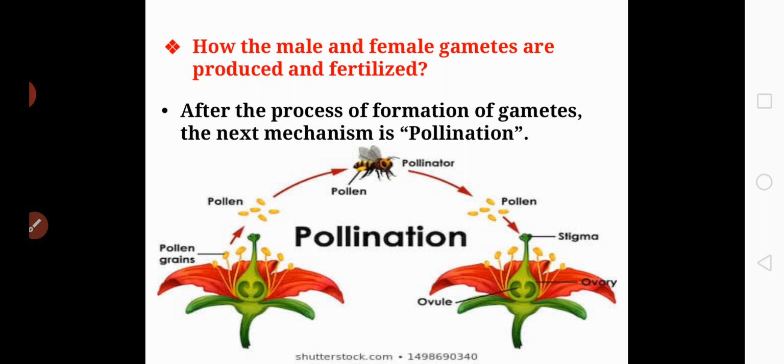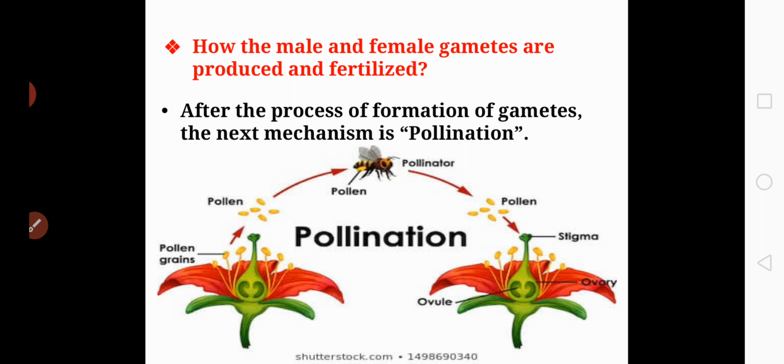Okay, now what happens after pollination? When this pollen grain reaches the stigma, it absorbs moisture from the stigmatic surface and ruptures to form the pollen tube, which is also called the germ tube.